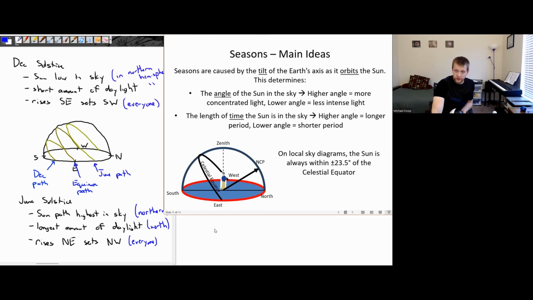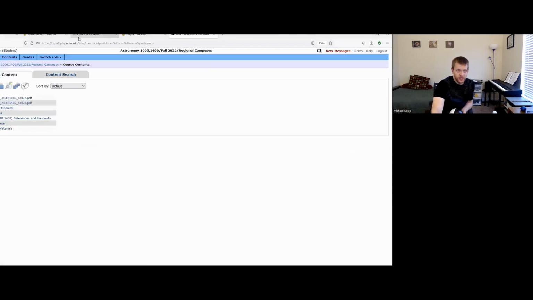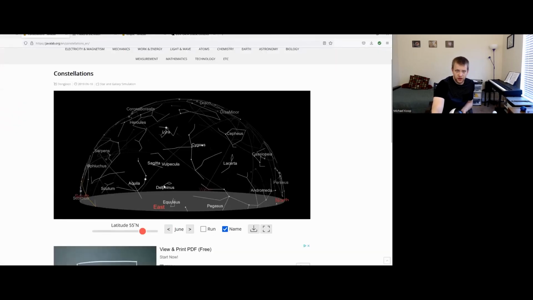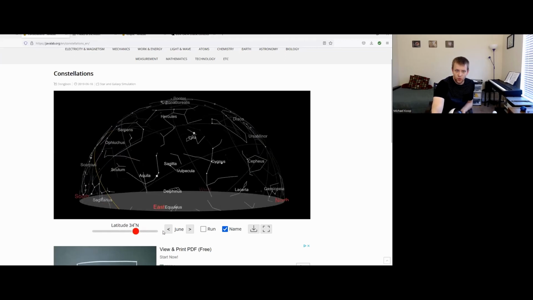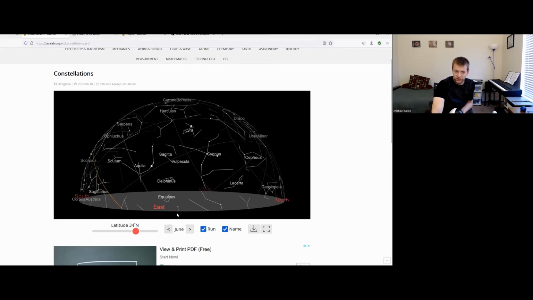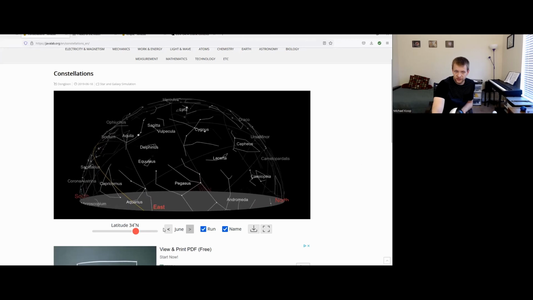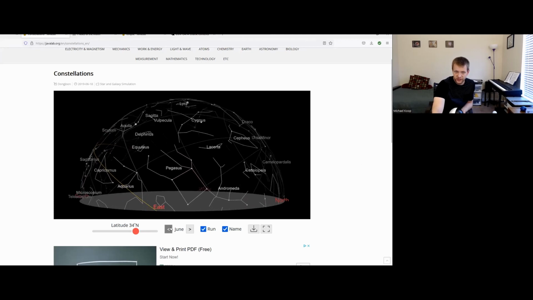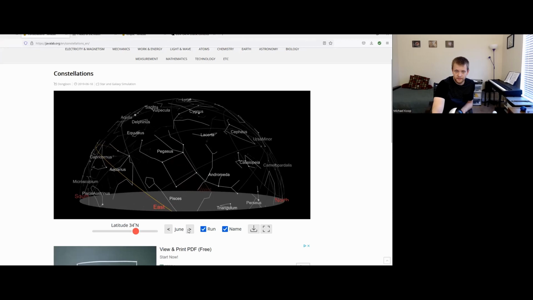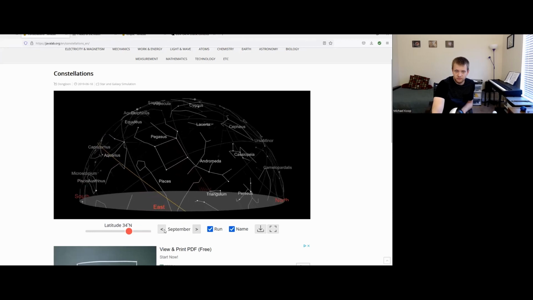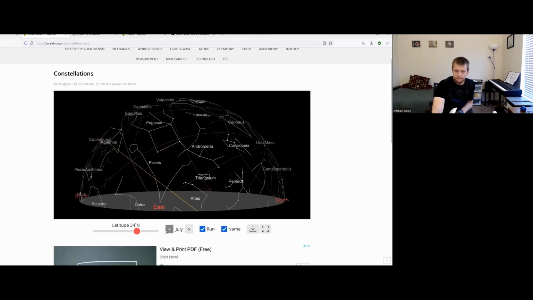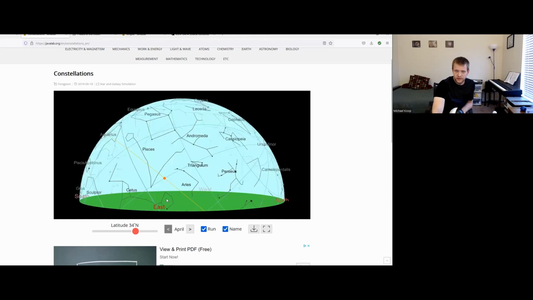Again, in order to get a little bit more familiar with the geometry of this, I do recommend having a look at this constellations thing, so you can say, well, what happens at different latitudes, what happens during different months, and when you run that, it'll show how the sun moves across those different locations at each of those times.